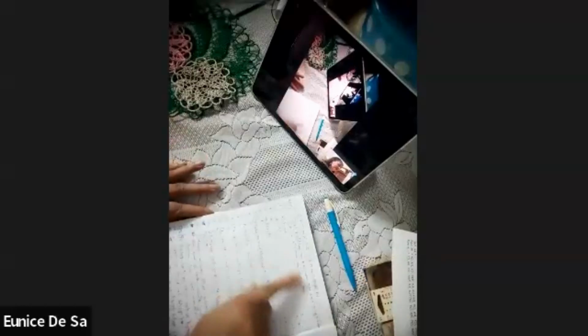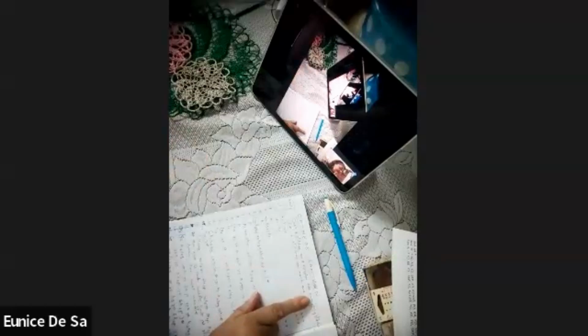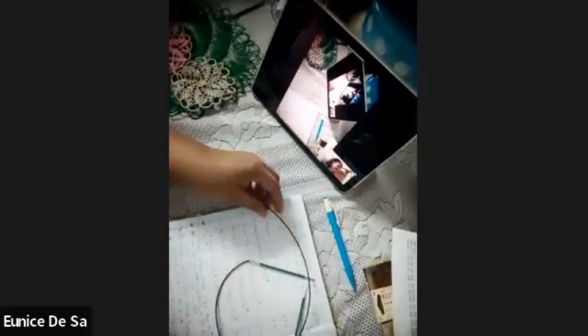Whereas this Chinese lantern, I need to explain to you. I've simplified it here for you. Please look at your pattern and see if there is something difficult. First of all, cast 8 stitches on 3 mm needles. That you know very well, right?